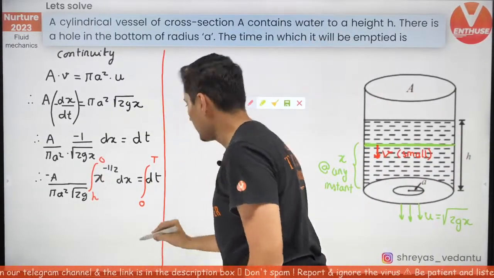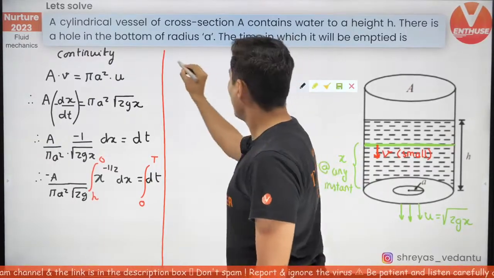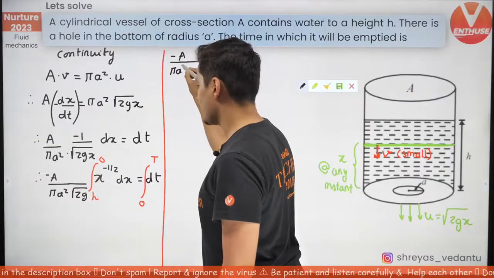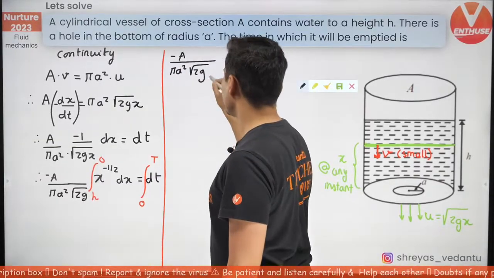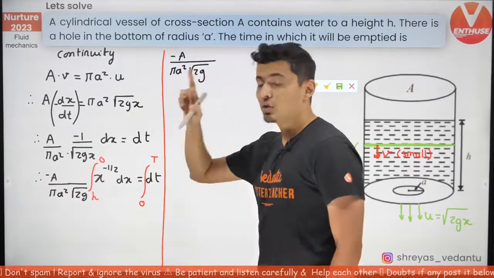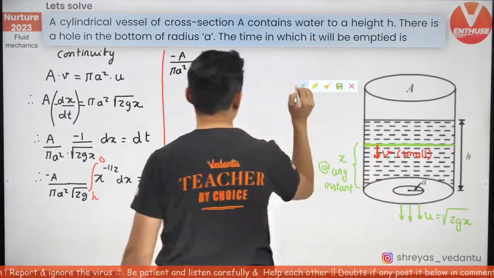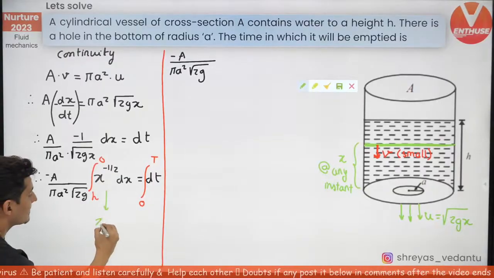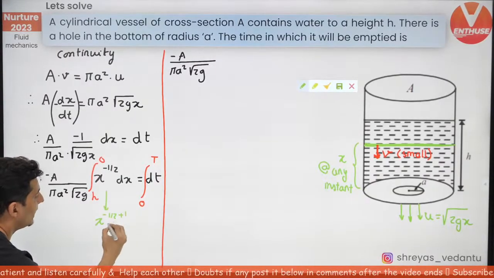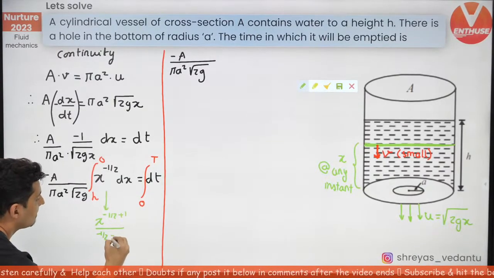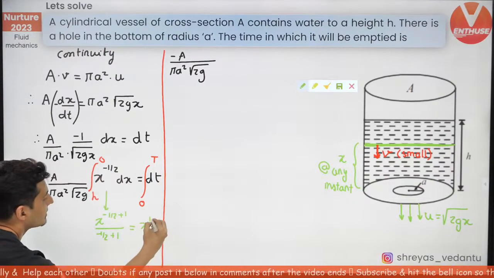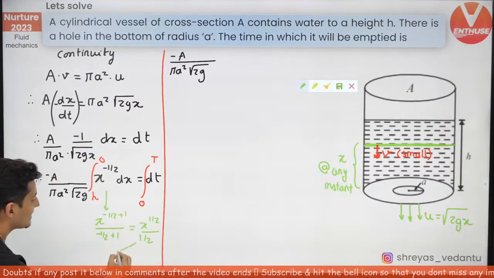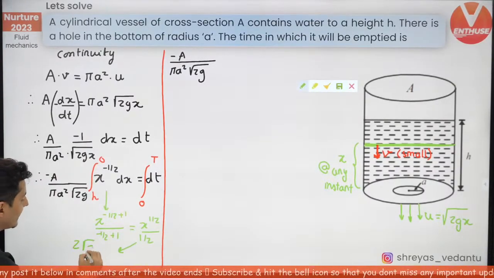I'll just put a division here. So minus a divided by pi a square root 2g is as it is. X raised to minus half's integral, in case you have forgotten, is x raised to minus half plus 1 upon minus half plus 1, which is x raised to half divided by half, which is basically 2 root x.